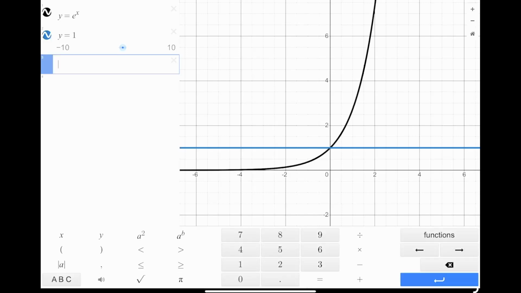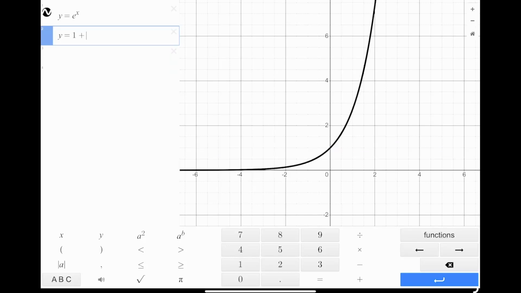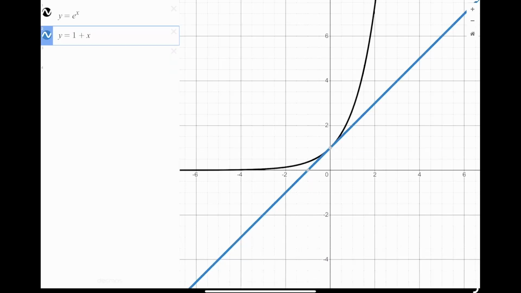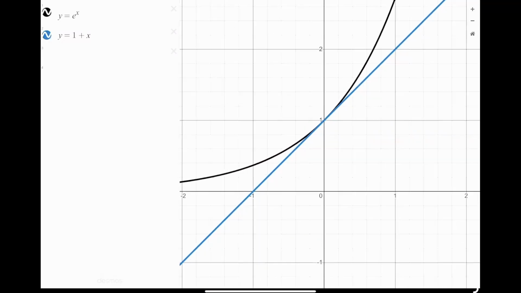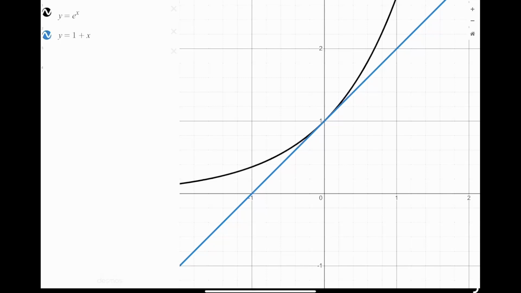So if I had the line 1 plus x. Now we can see that not only do the function values equal each other right here at x equals 0, they're both 1, but the slopes are also the same. The slopes are also 1. And we could take a derivative. E to the x derivative is e to the x. We plug in 0, we get 1. The slopes are the same.